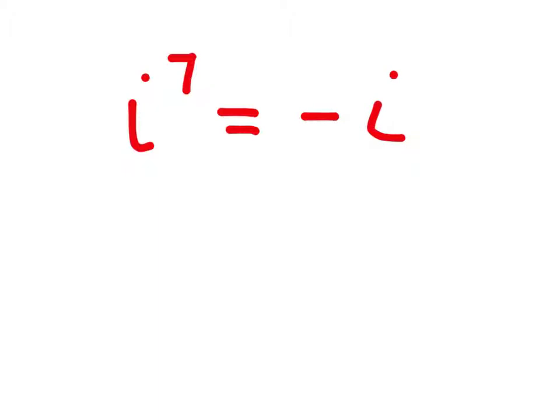What is i to the fifth? i. What is i to the sixth? Negative 1. i to the seventh. Is it negative 1? Negative i, yeah. What is i to the eighth? Yeah, it's going to be 1. It's 1 because 8 is a multiple of 4, and all multiples of 4 end up being 1.